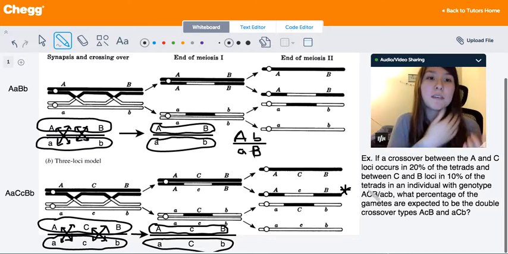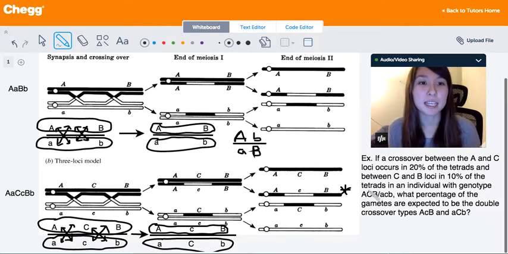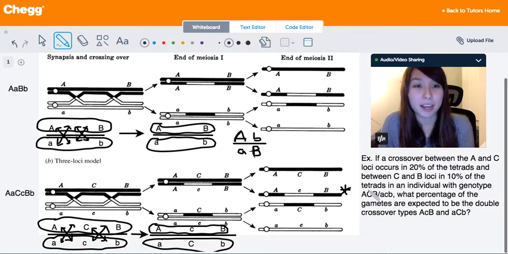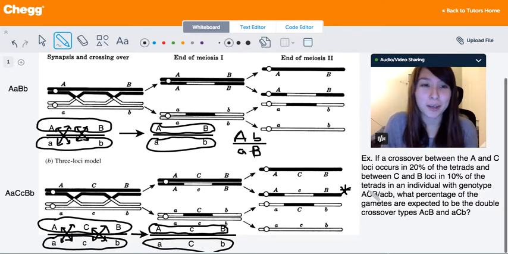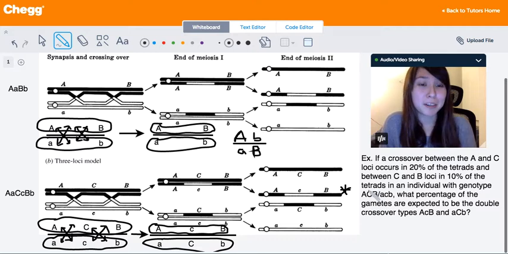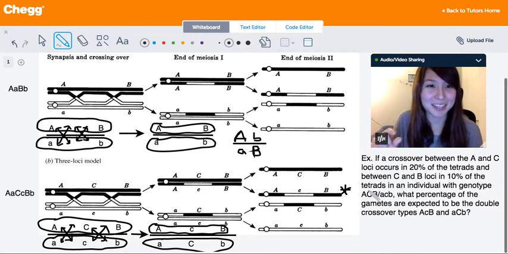Think of these crossover events as independent events occurring. To put it into perspective, it would be the same thing as asking what's the probability of rolling a die and getting a 1 on the first try and then a 2 on the second try? The probability of rolling a 1 on one die is 1 out of 6, because there's only one side that has 1 on it.